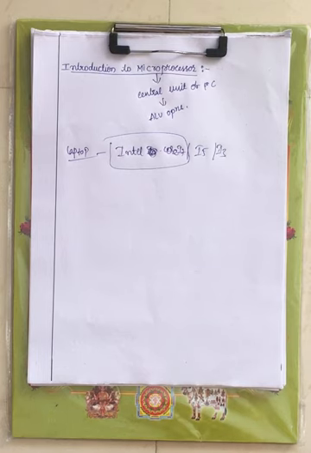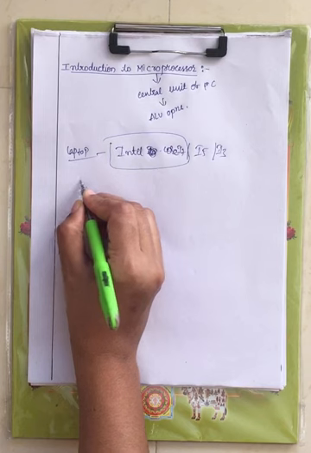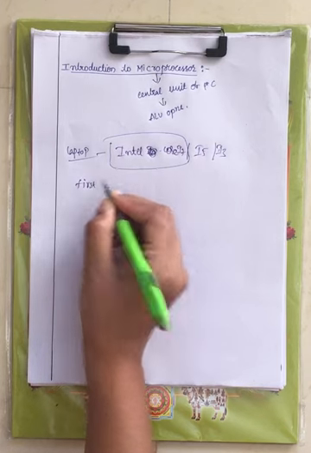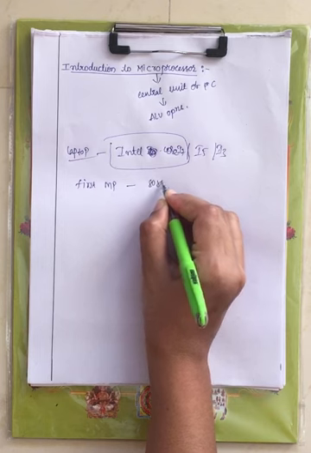We won't learn the Intel Core i7 processor. In this subject we will see the basic version of the processor. The first microprocessor invented by Intel was 8085.